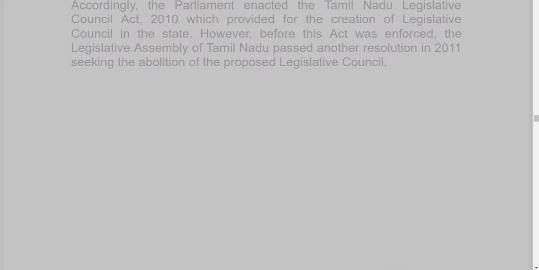Accordingly, the Parliament enacted the Tamil Nadu Legislative Council Act, 2010, which provided for the creation of Legislative Council in the state. However, before this act was enforced, the Legislative Assembly of Tamil Nadu passed another resolution in 2011 seeking the abolition of the proposed Legislative Council.